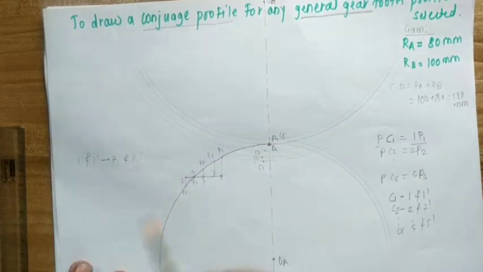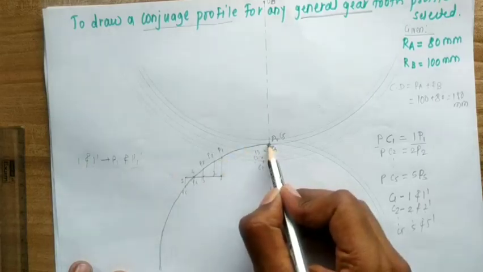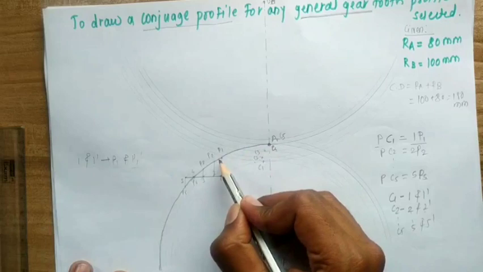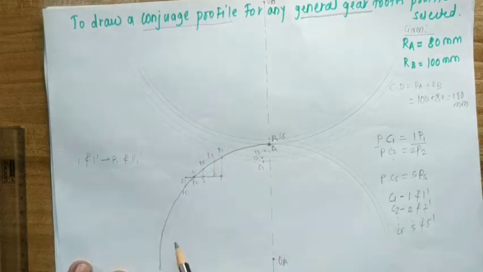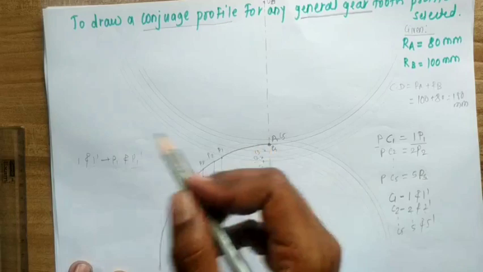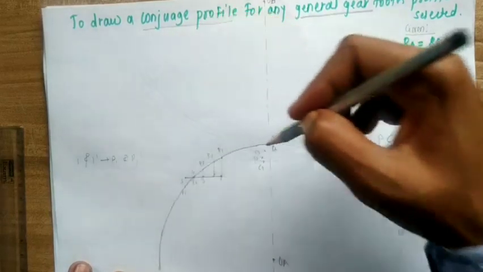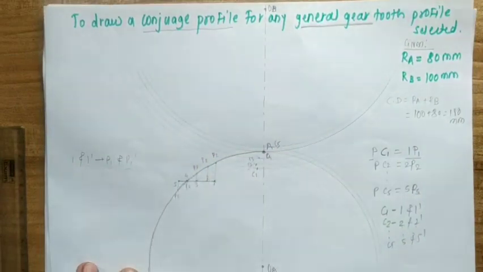P1 is known, 1 is known. So where is P1? P1 is at some distance from P. At some distance from P on the pitch circle, that is where P1 dash will be. If P1 to P5 are on the pitch circle of gear A, P1 dash to P5 dash must be on the pitch circle of gear B.